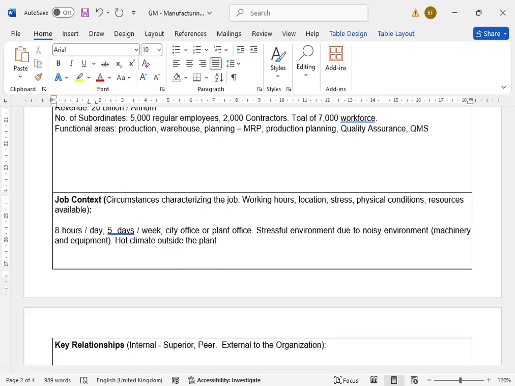And not only hot but also cold. A cold plant. Why? Because of the HVAC, heating, ventilating and air conditioning units, or cold storage.